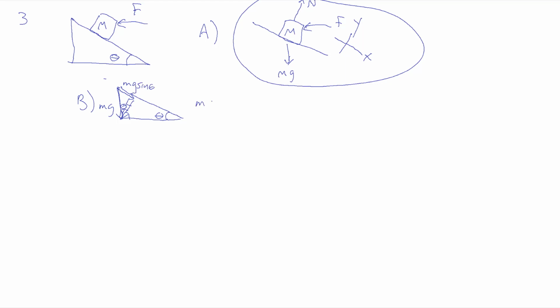I can write that here: mg sub x is equal to mg sine theta. And my y component of the force of gravity will be mg cosine theta. But that will have a minus sign because it's pointing down in my negative y direction.